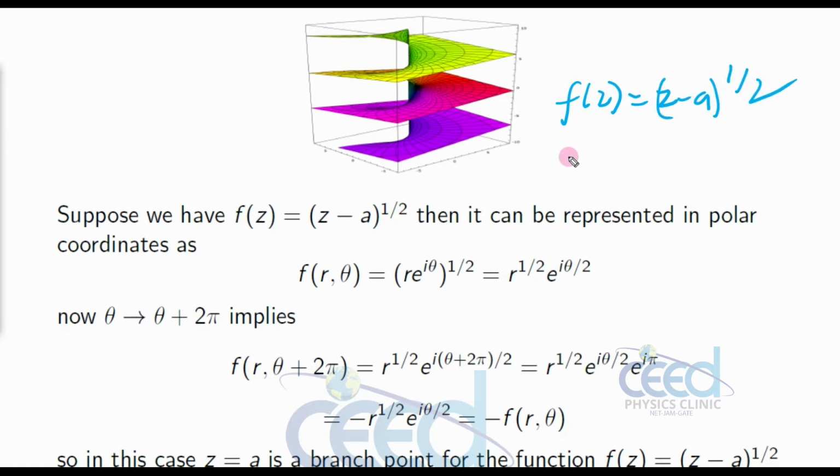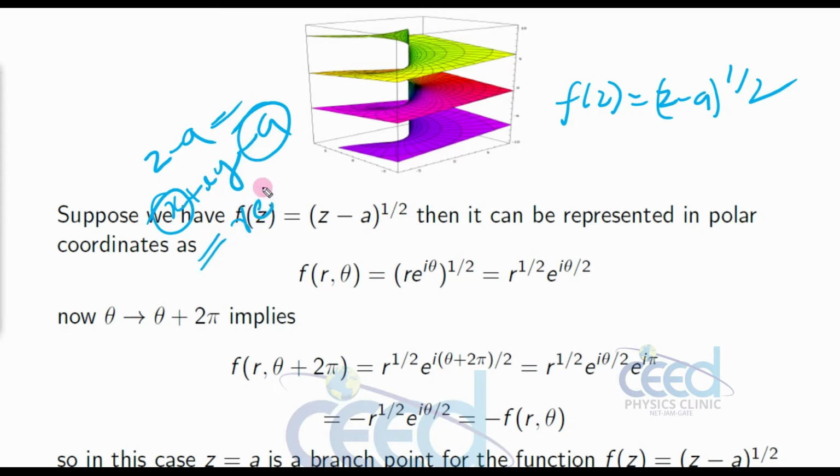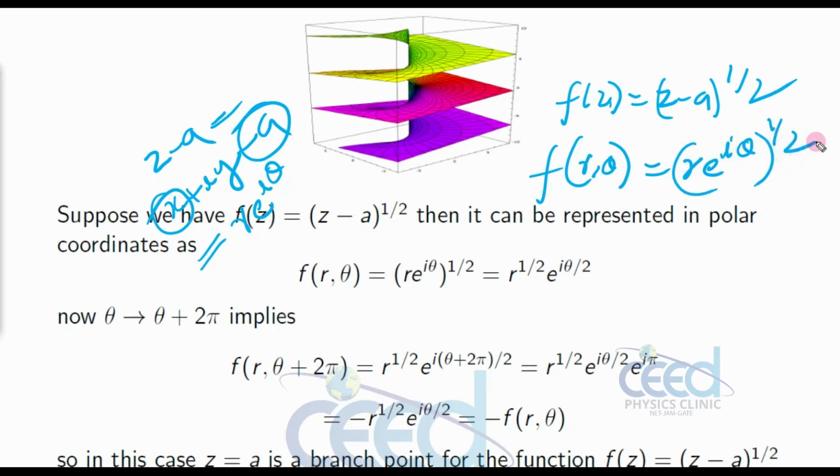Now z minus a, if I am representing in the polar form, where z is equal to x plus iy, right? z is equal to x plus iy minus a, and this together we can write as a new complex number in the polar form, that is r e raised to i theta, right? So if I am representing in polar form, z minus a, I can replace as r e raised to i theta whole raised to 1 by 2, right?